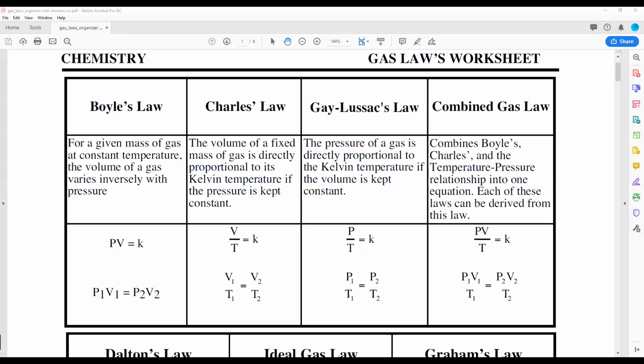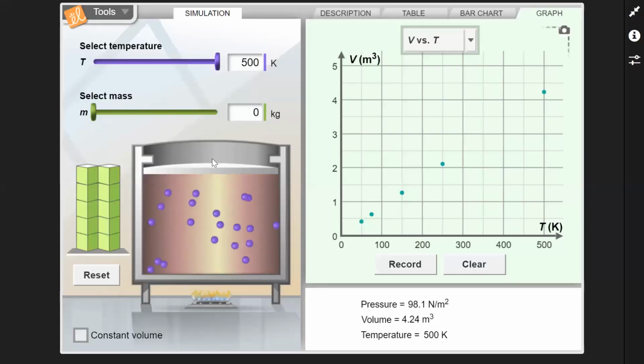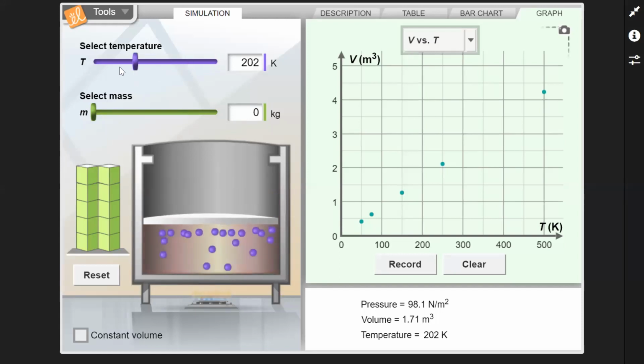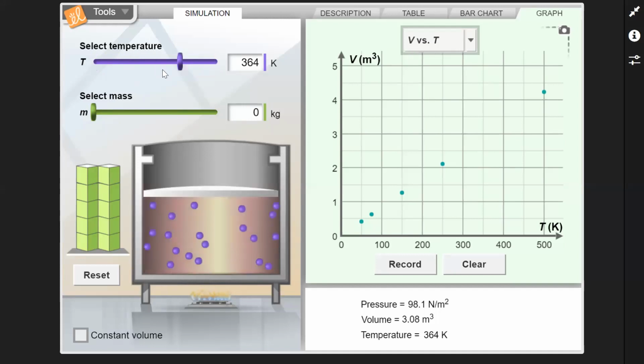So again, we kept the pressure in here the same. We did not change the amount of mass on top of here, and all we did is change the amount of temperature going into heating up or decreasing the gas.